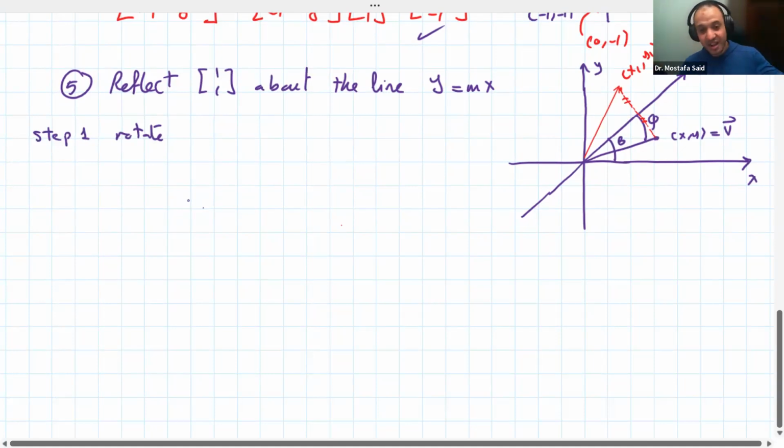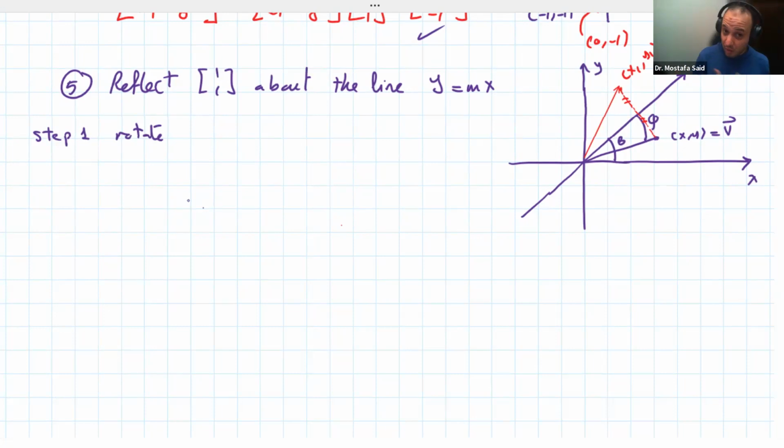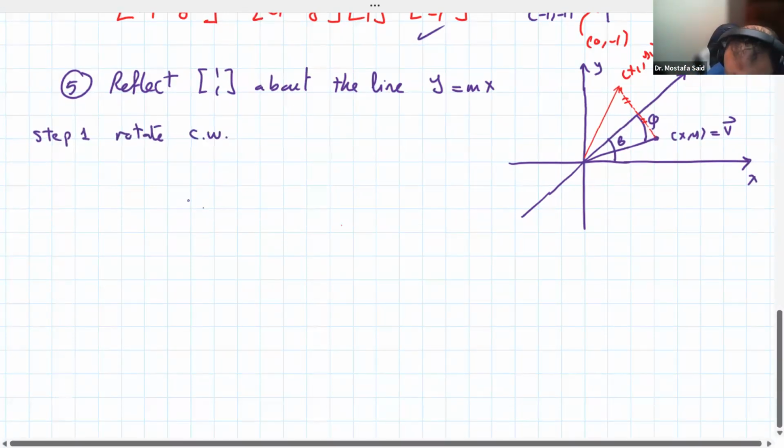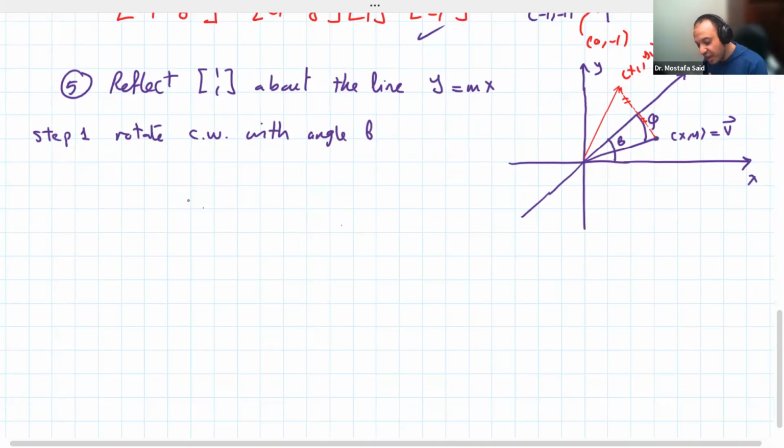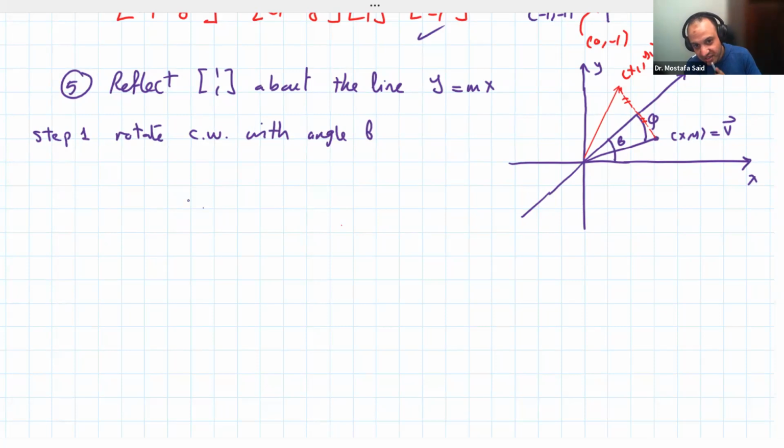Rotate the y equal to mx line and also the vector v in the clockwise direction with angle theta. What is the angle theta? It is the angle between y equal to mx and the x-axis.